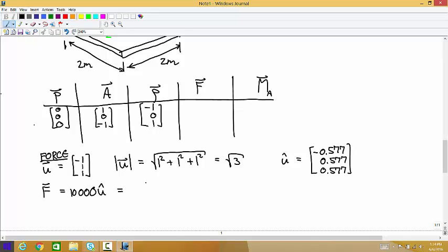And so you get negative 5773, positive 5773, those sevens keep going. That's good enough for me. So I'll put all these 3's in here.